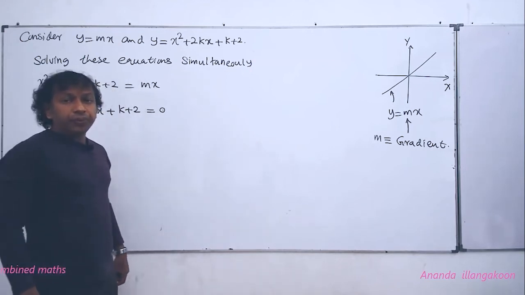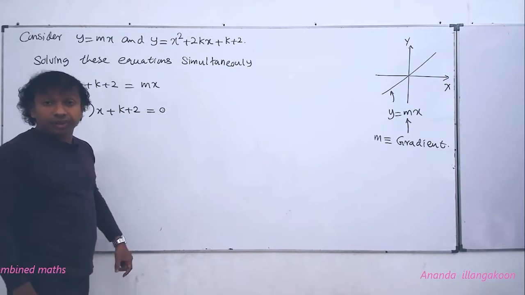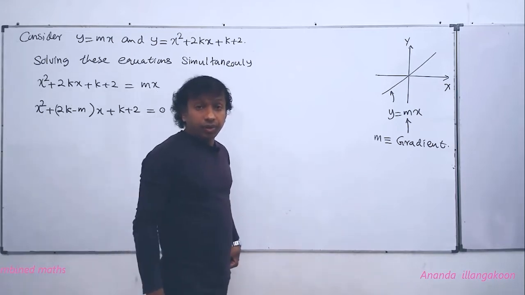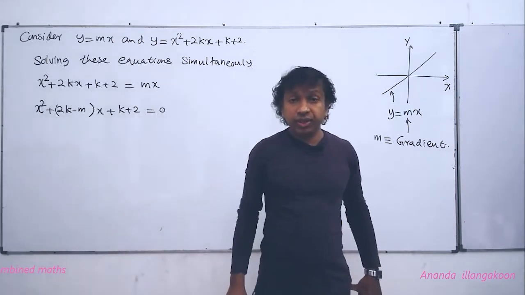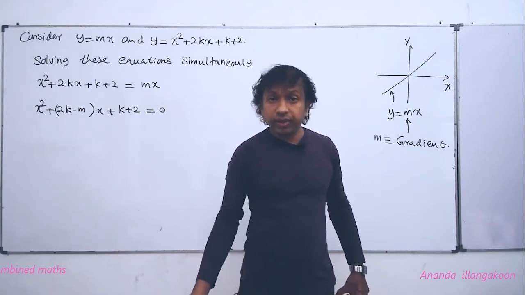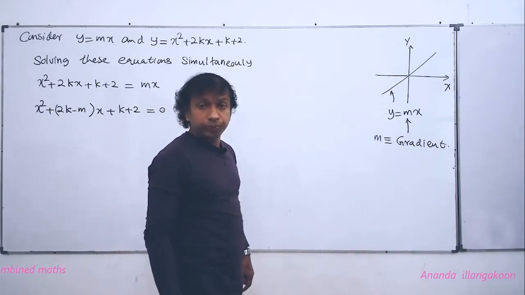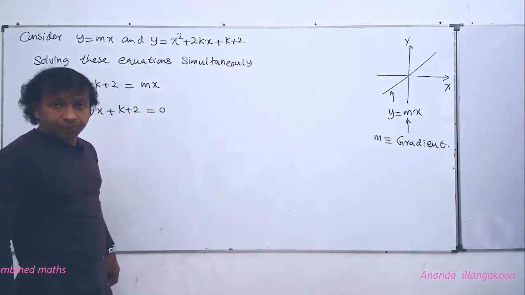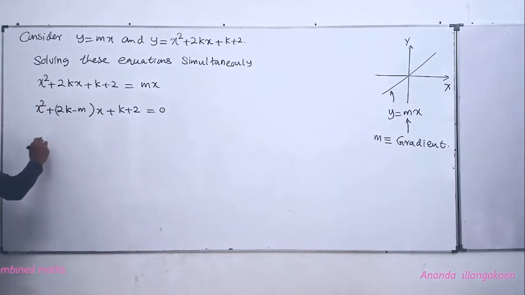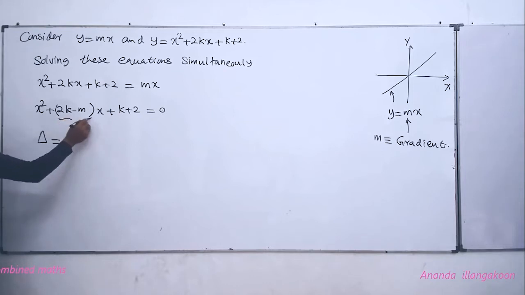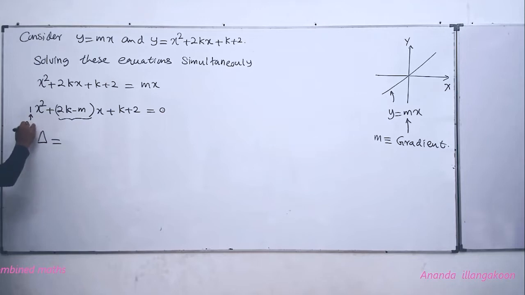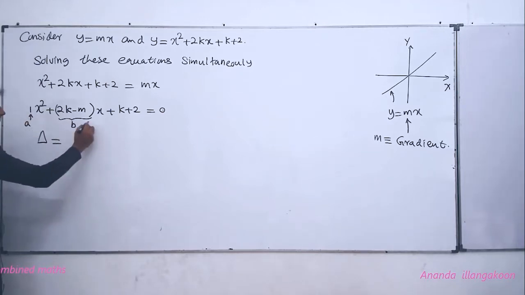Now you know this is the required quadratic equation of which we consider the discriminant delta to explain those three possibilities. Understood? Right? Then what is delta? Here this is 1, it is a, this is b, this is your c.